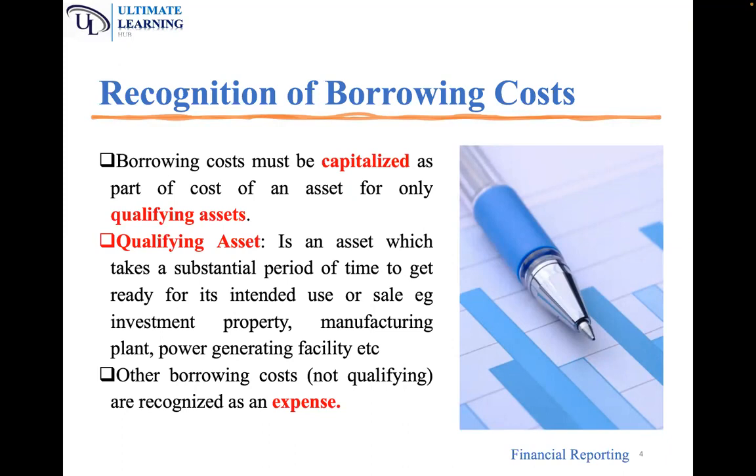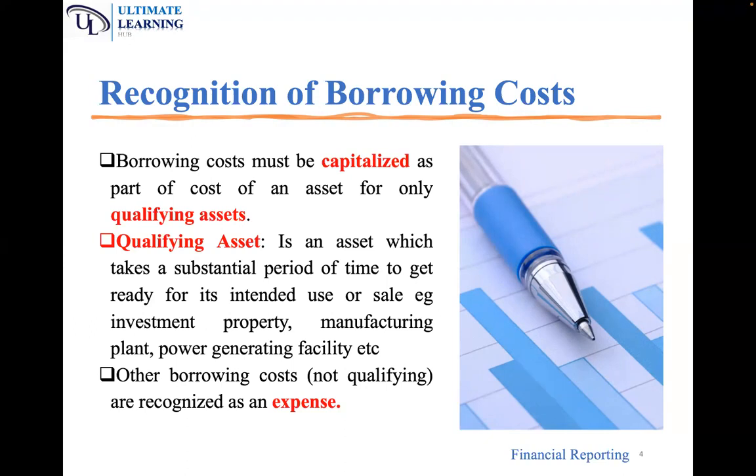Now, we have said we capitalize borrowing costs only for qualifying assets. Now, the question is, what are qualifying assets? A qualifying asset is an asset that takes a significant period of time to be ready for use.